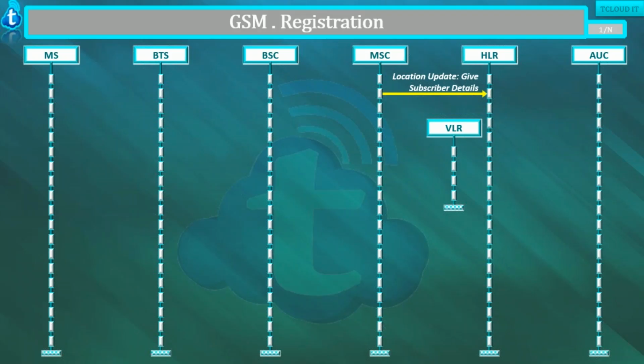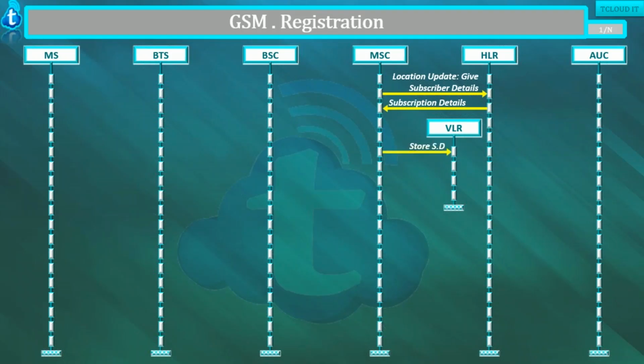I want to have his subscriber details stored in my database instead of visiting you every time. I don't want to visit you every time the mobile requests a service. I don't have that much time. So please provide me his subscriber details. MSC asks the HLR. The HLR sends back the subscriber details to MSC.